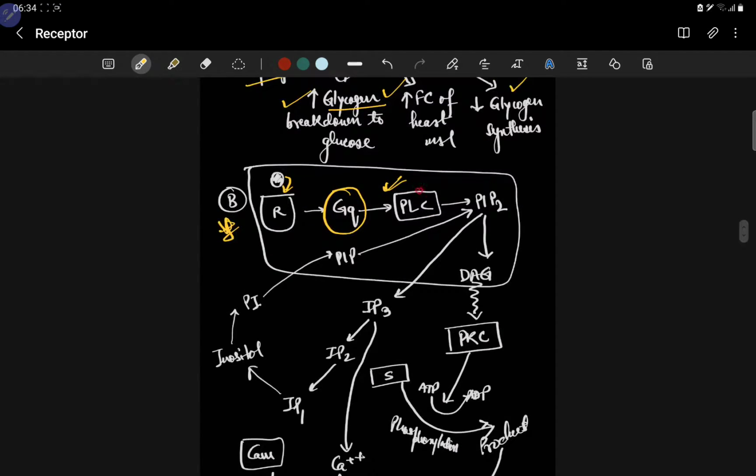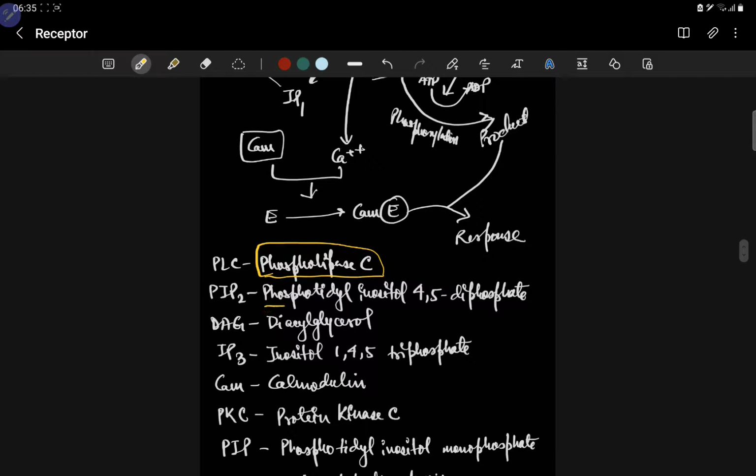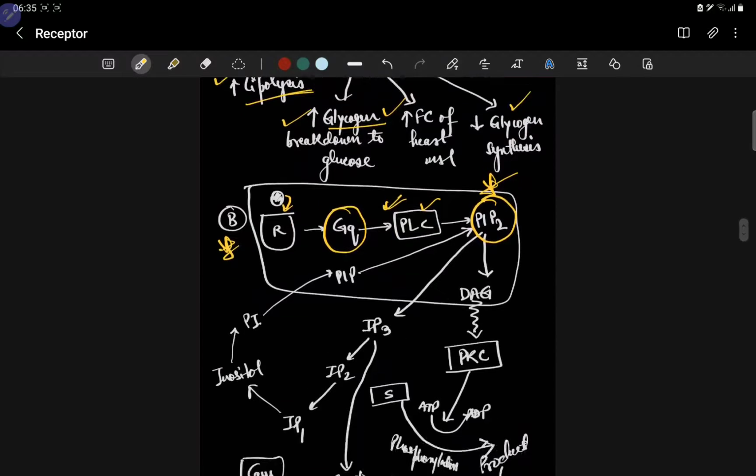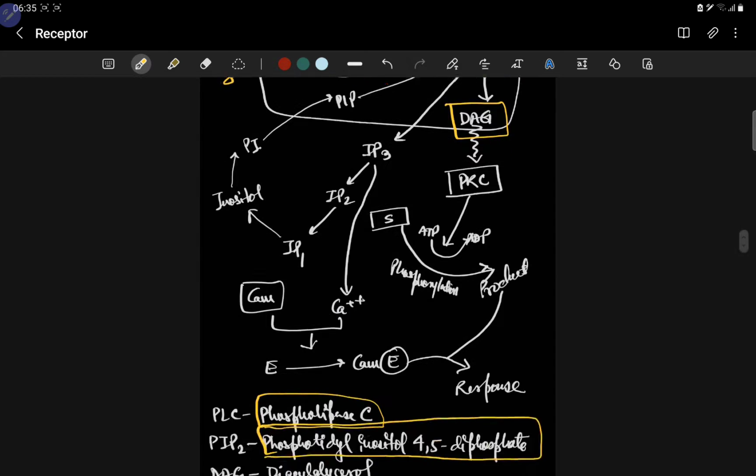Now as the phospholipase C is stimulated, it then stimulates a very important molecule, that is PIP2. What is PIP2? It is phosphatidyl inositol 4,5-diphosphate. Okay, now in turn it stimulates DAG. So what is DAG?